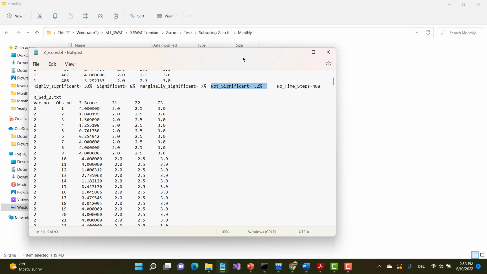You can do a lot of analysis here to see what time, where is the location of the subbasin, why is it significant or not, what is the relation with the soil, the land use, the climate, and you can make the correlation to why it is significant or not. Maybe the significance appears only in the rainy season, so you should get a pattern of significance and non-significance.